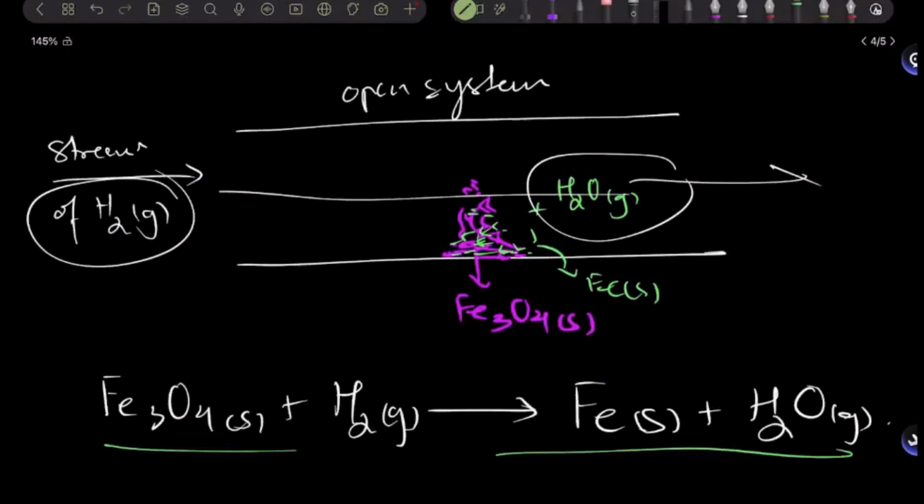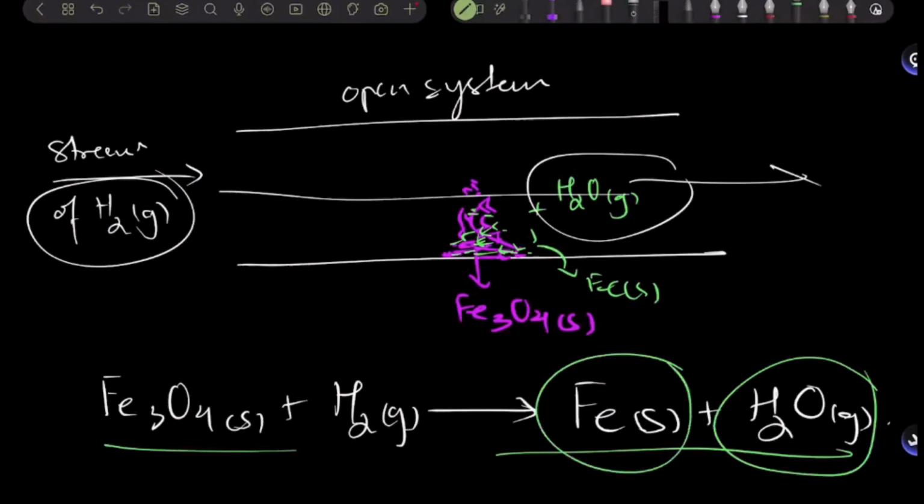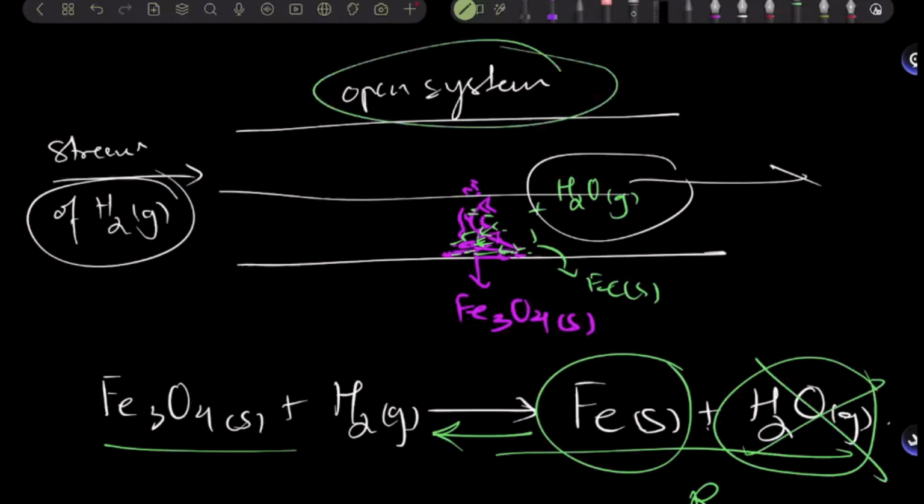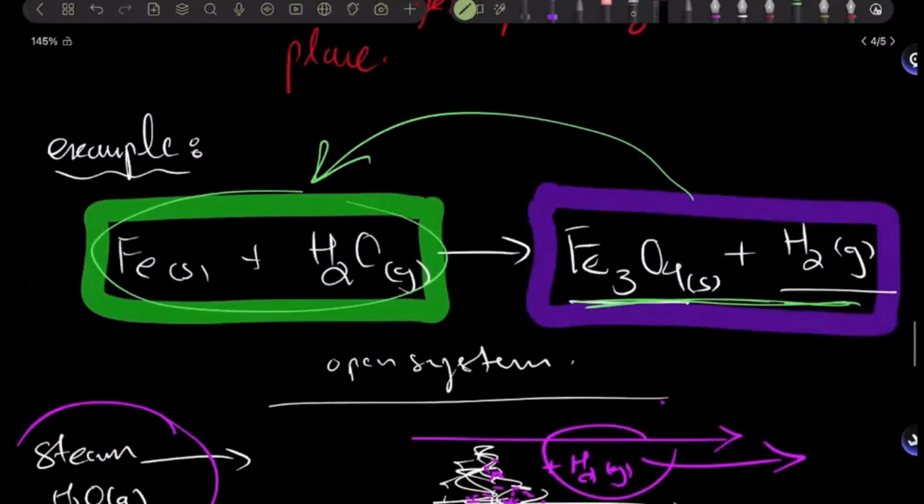But since both these products were formed and these are supposed to be reactants for the backward reaction, but one of them was lost to the surroundings due to the open system, this reaction again cannot go in the backward direction. Although it was happening when we were conducting this reaction in the presence of Fe solid and H2O, in the example that we did before this, right?